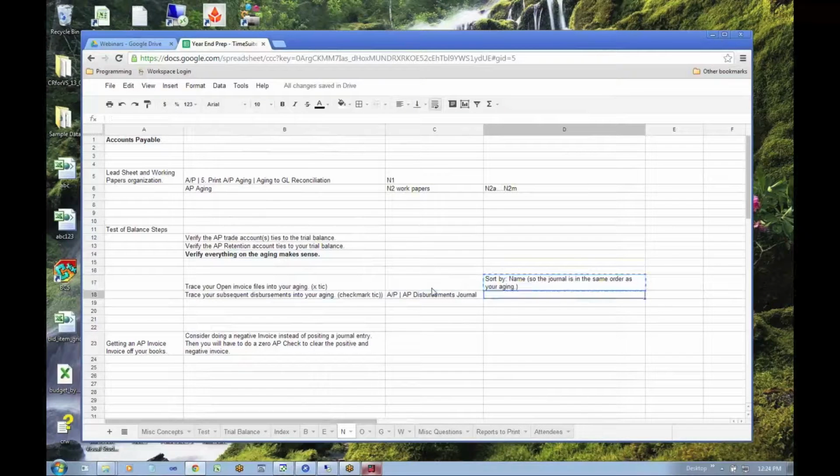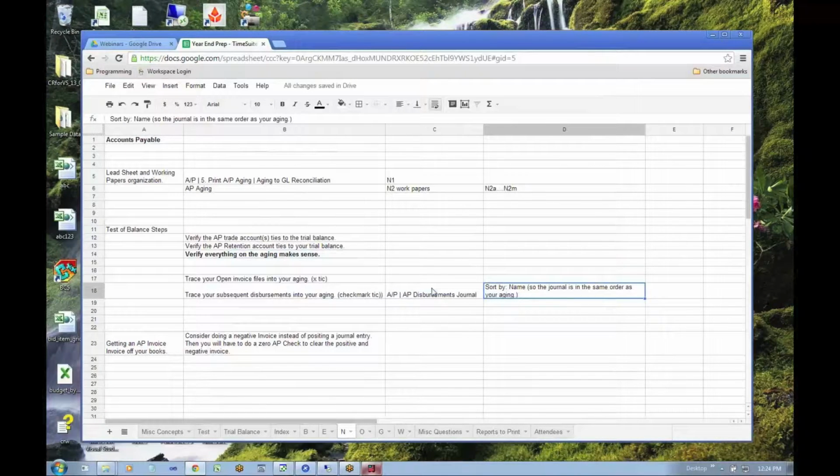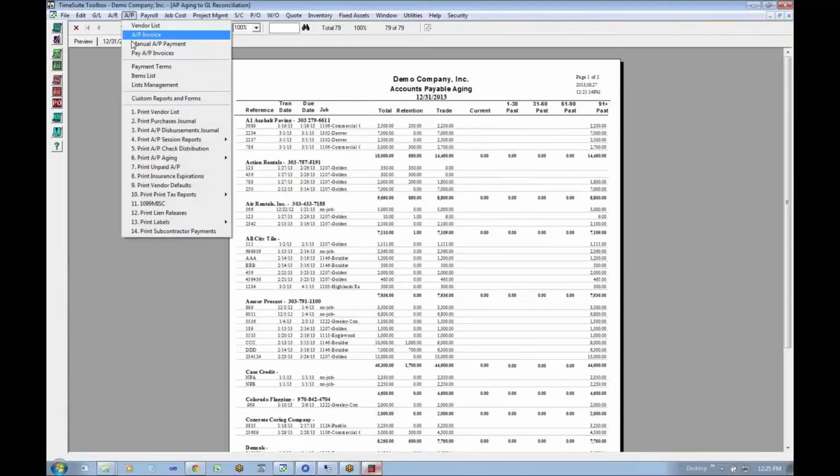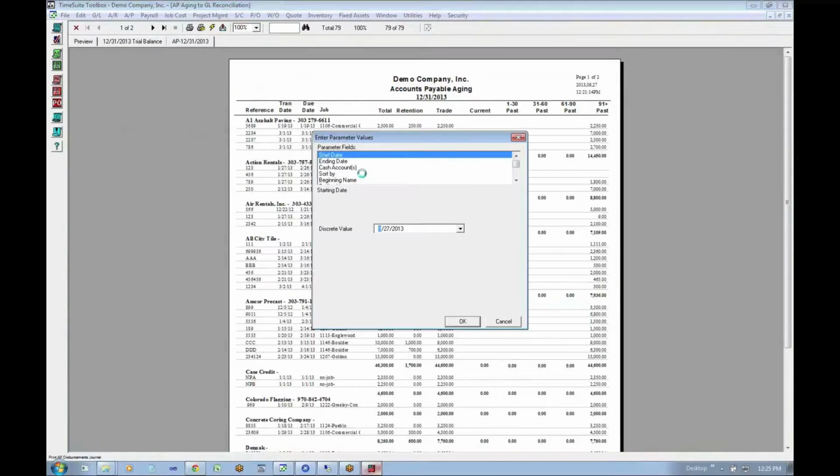And then when you print that AP disbursements journal, you should sort by name because the aging's typically going to be by name. So I would sort it the same way so it's easy to tick it in. So you come over here, AP disbursements journal.